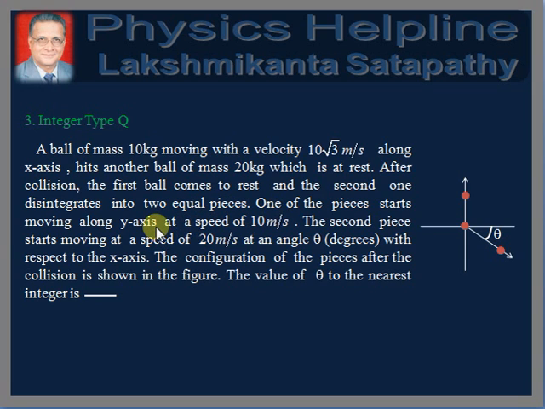One of the pieces starts moving along the y-axis at a speed of 10 meters per second and the second piece starts moving at a speed of 20 meters per second at an angle theta with x-axis as shown here. The configuration of the pieces after the collision is shown in the figure. We are required to find the value of theta to the nearest integer.